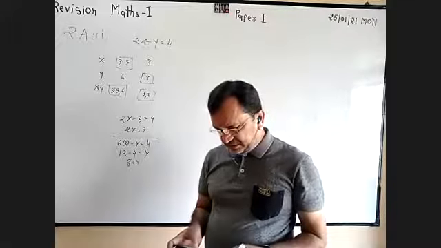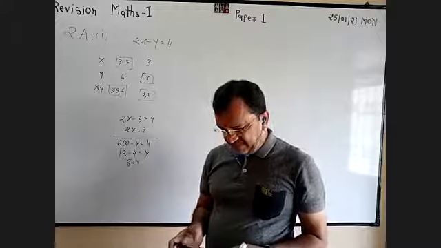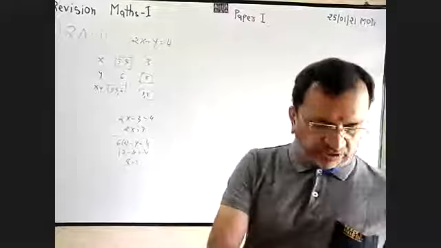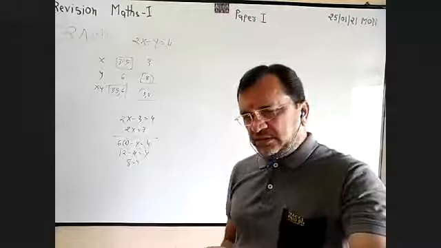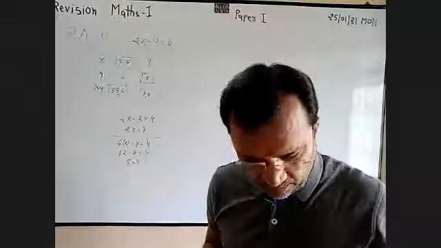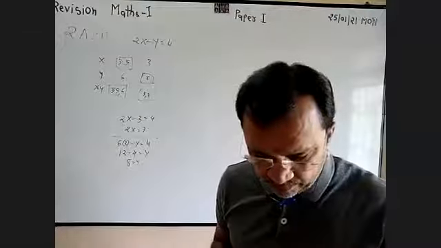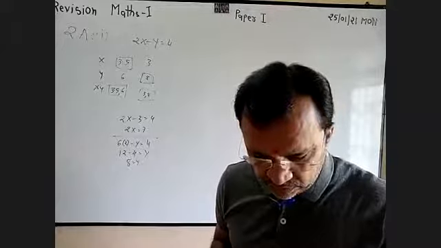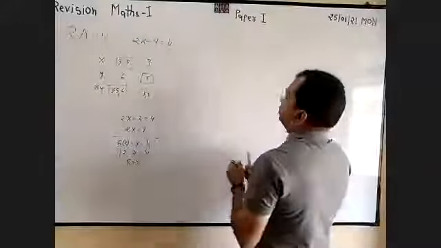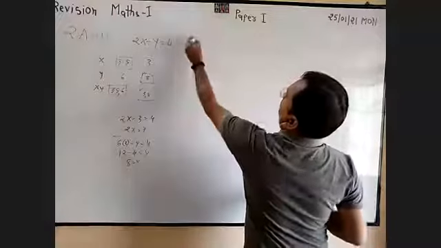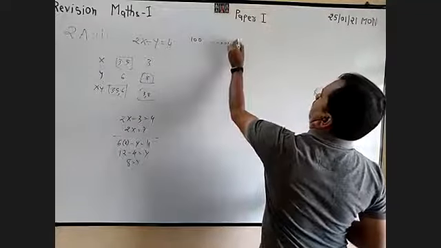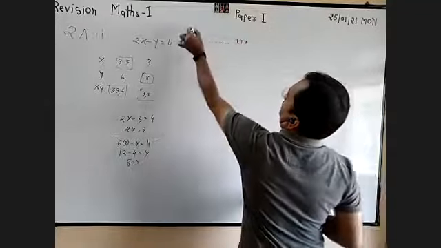Three-digit numbers which are divisible by 5. We have to find out the total number which are divisible by 5. Three-digit numbers are from 100 to 999.